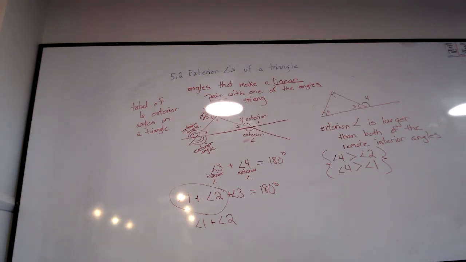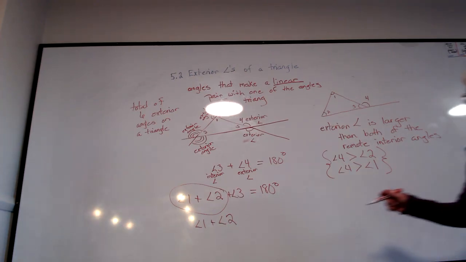Less than 180. Is it going to be less than? Let's see. If angle 3 plus angle 4 equal 180, and if I add angle 1 and 2 to angle 3, I also get 180. What can you say about angle 1 and 2 and angle 4? They're equal. They're equal. Okay?